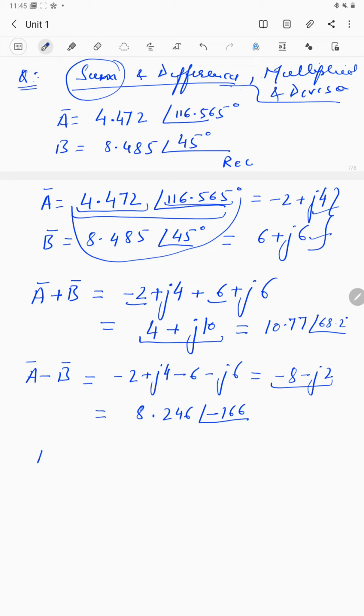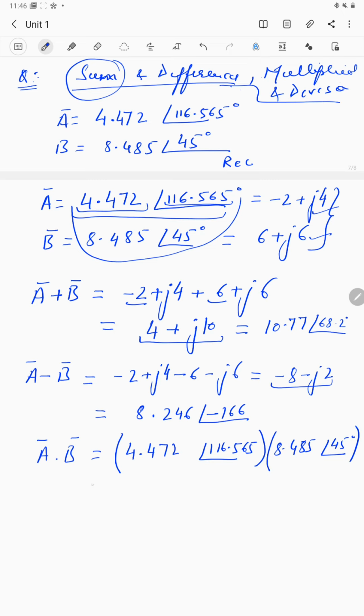Now we are going to do the multiplication of these two phasors, and for multiplication you need both phasors in polar form. The polar forms are 4.472 angle 116.565, this is one phasor, and 8.485 angle 45 degrees, the second phasor.